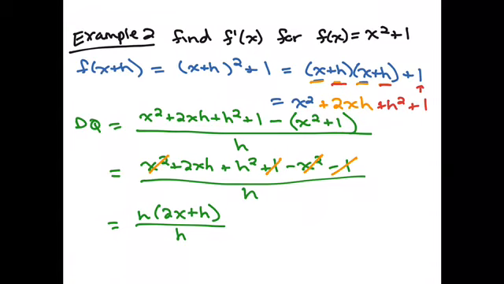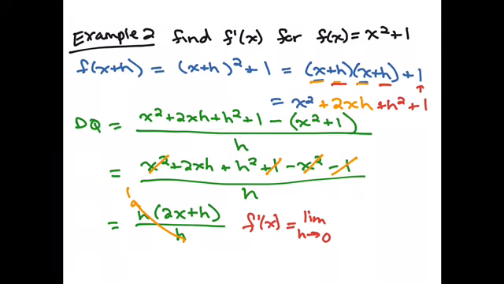When this is done correctly, that's always going to happen. So that goes to 1, and my derivative now is the limit as h goes to 0 of 2x plus h.